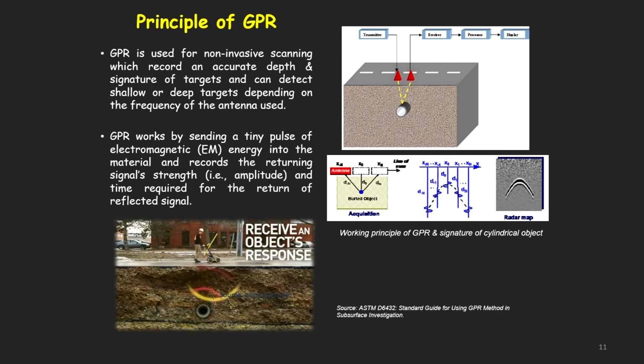The dielectric constant of this material, that is your pipe, will be different as compared to the surrounding soil. This material will have a different dielectric constant that can be easily picked up, and mostly when utility mapping is done, you come across this type of hyperbola. Because the pipe is sitting here, it will give you the reflections here. This comes in the form of the wiggle, and you can also have a representation in terms of the line scan.